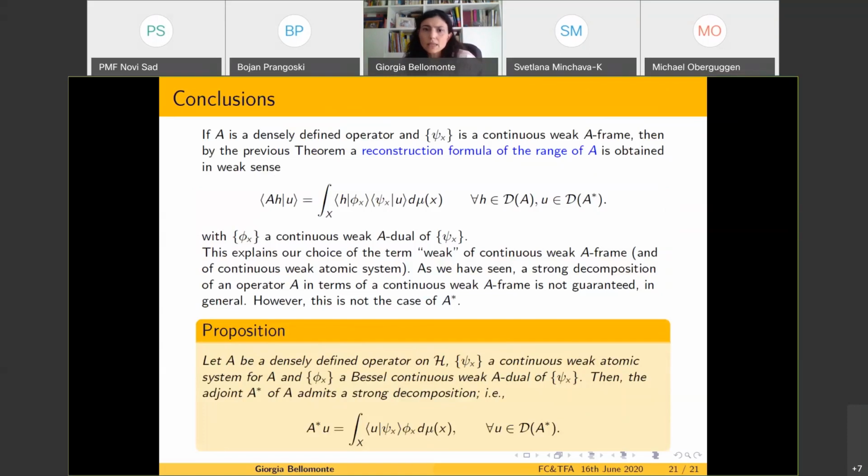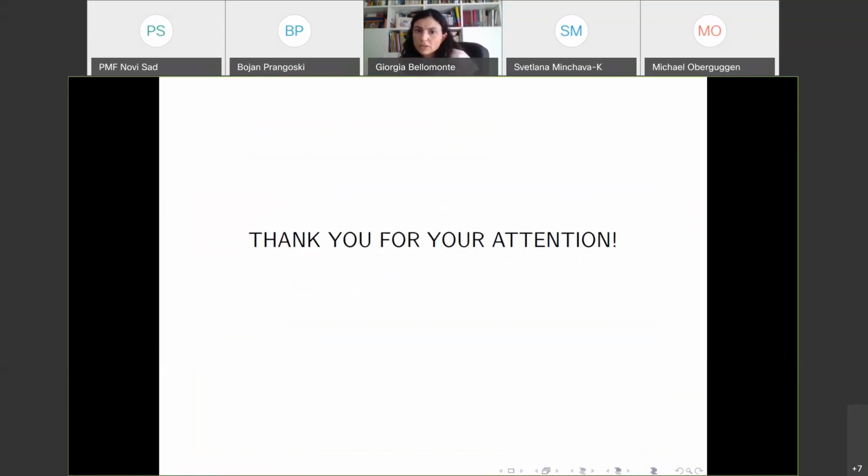And surprisingly, even though A can't be strongly decomposed, if we have a continuous weak atomic system psi for A, a densely defined operator on H, and a Bessel continuous weak A-dual of psi, then we can strongly decompose the adjoint of A. Thank you for your attention.